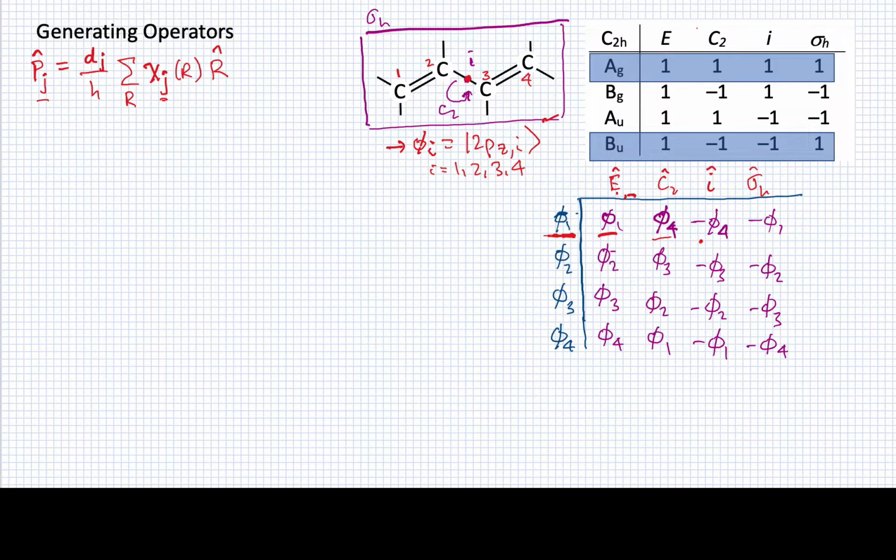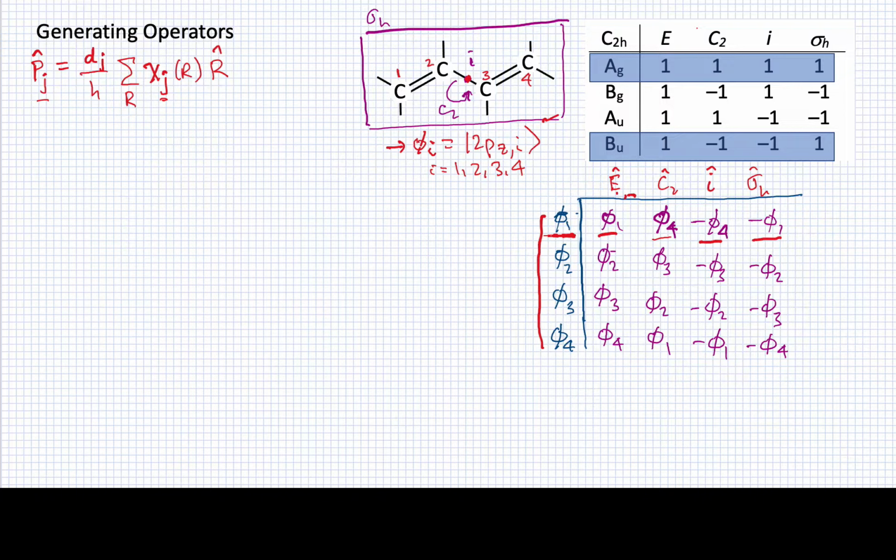If I use the inversion operation, I will get the negative of the pz orbital on atom 4, and if I use the reflection through the sigma h plane, I will get the negative of my original orbital. And this same sort of thing goes through for all 4 of these pz orbitals as they're listed here going down. All right, so now how do I apply this generating operator to get a result?